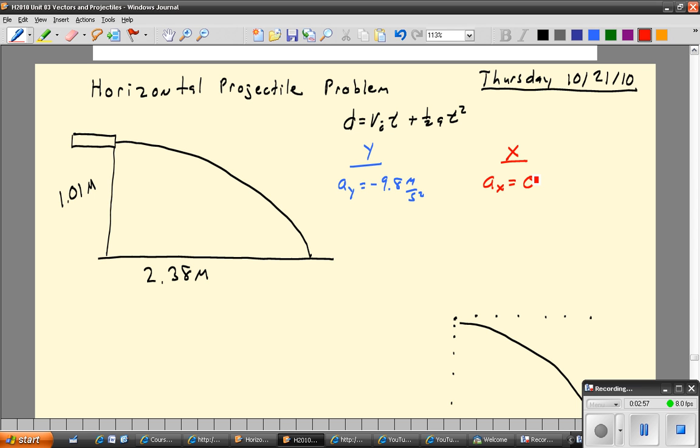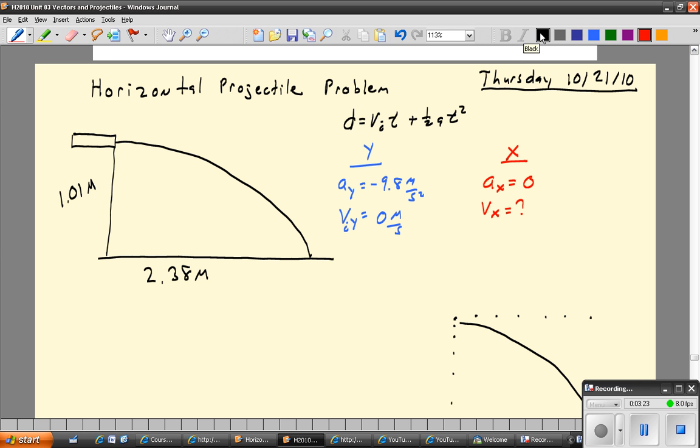It's not accelerating at all if we ignore air resistance, friction, drag. The velocity vertically we do know initially. That initial vertical velocity is 0. It's no different than if you dropped it. It just happens to simultaneously be moving in a horizontal direction at some velocity that we're trying to figure out.